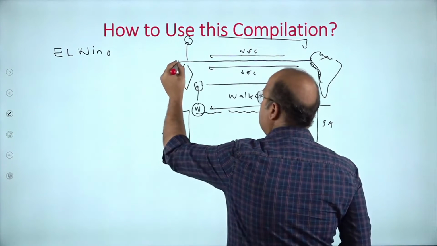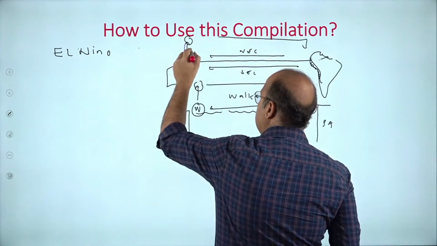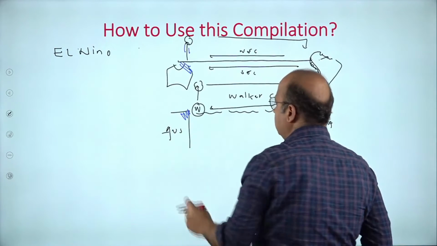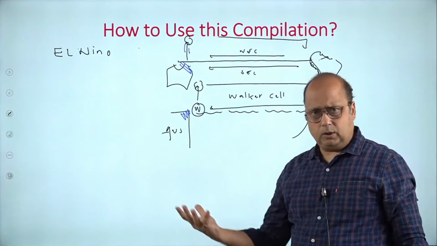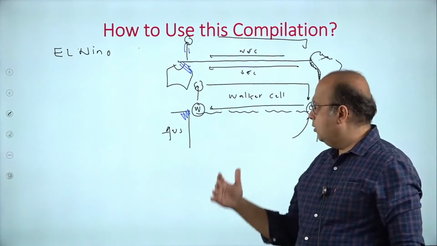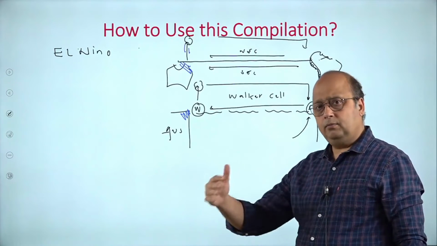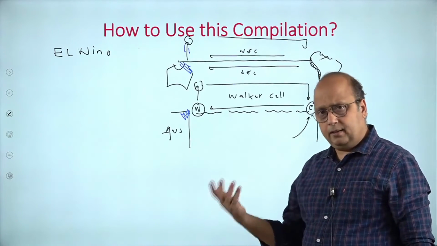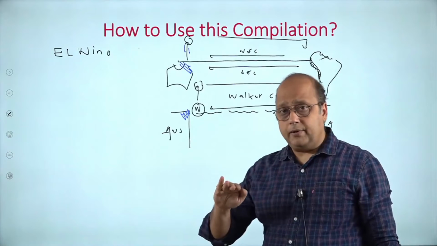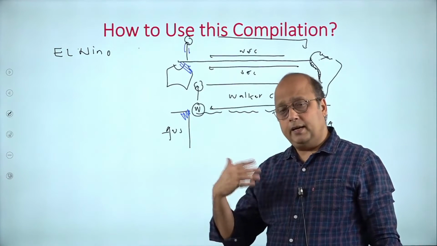This is a normal process; the Walker cell has an intensity and power with a capacity less than the Hadley cell.